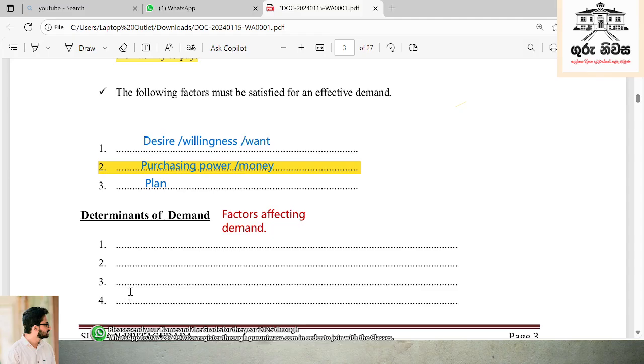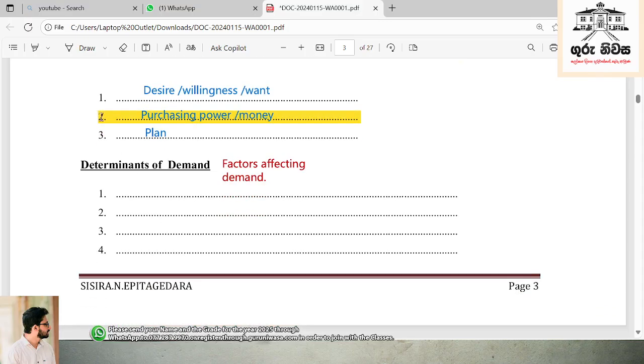This is the price factor, very sensitive. Price can change your behavior, price can change people's mood. So the main factor is the price of the product, the price of the concerned good.